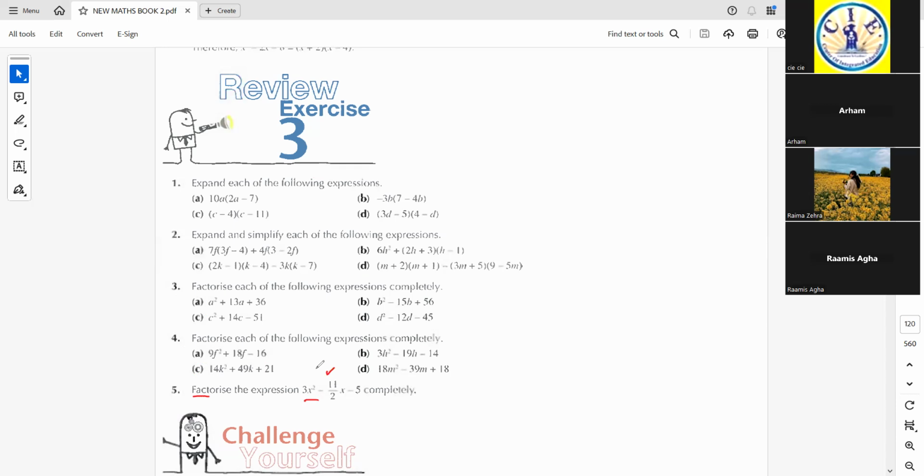So to avoid fractional working and to make these numbers whole numbers, what we can do is take out 1 by 2 as a common factor and make all numbers whole numbers. So let's see how we can do it.